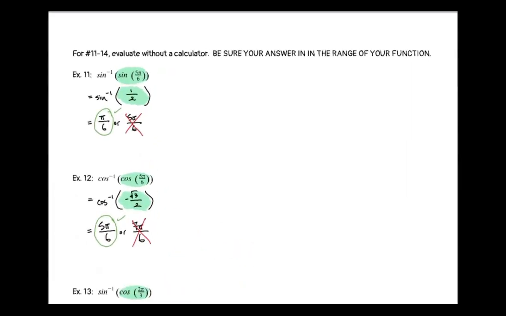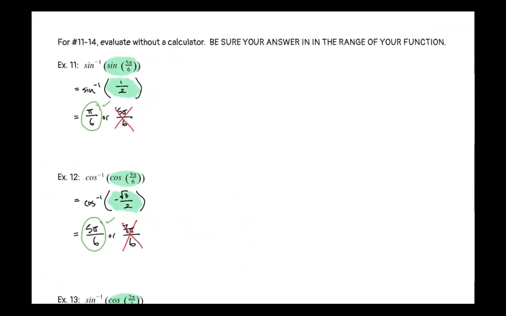All right. And last but not least, if we look back at example 11 and 12, if we look at 12, this is where some people try and shortcut things. They see cosine and inverse cosine, and they're like, great, I'll just cancel them and I get 5 pi over 6 as my answer, which was our answer. So in that case, the shortcut worked.